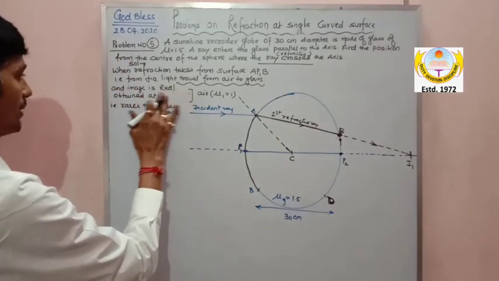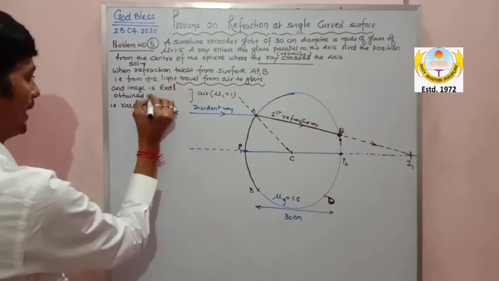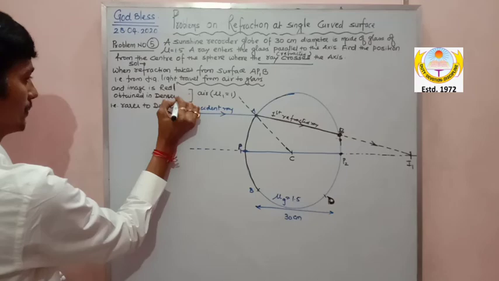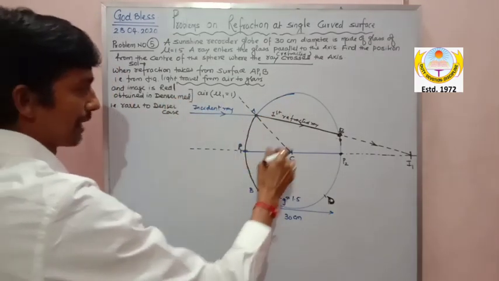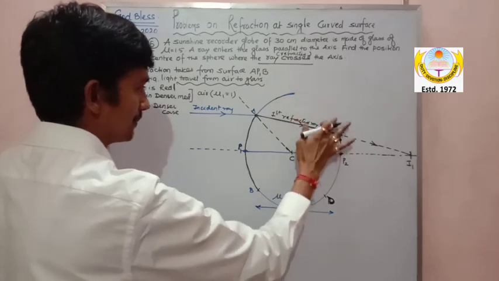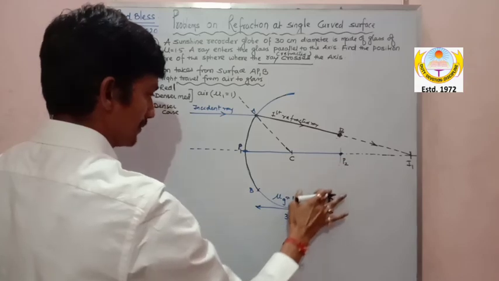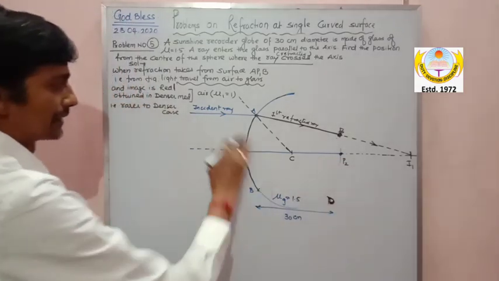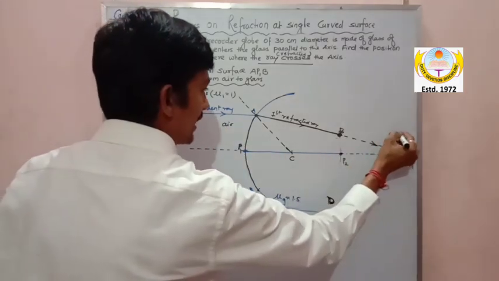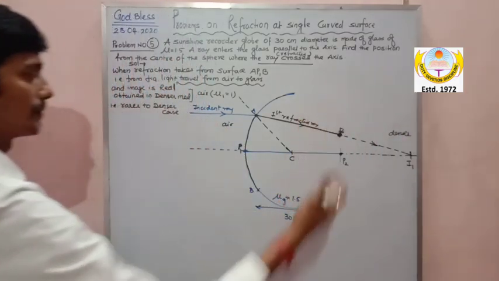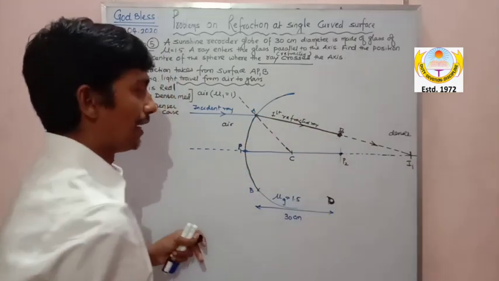The image is real, obtained in the denser medium. Because of the first surface. Assume that this surface is not there. If this surface is not there, my dear, of course this is air and the image is obtained in denser, because this acts as a denser. I hope it is clear.